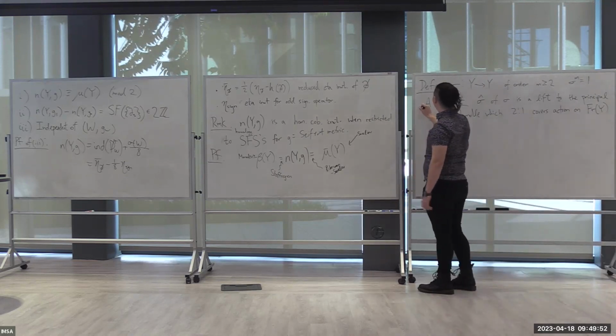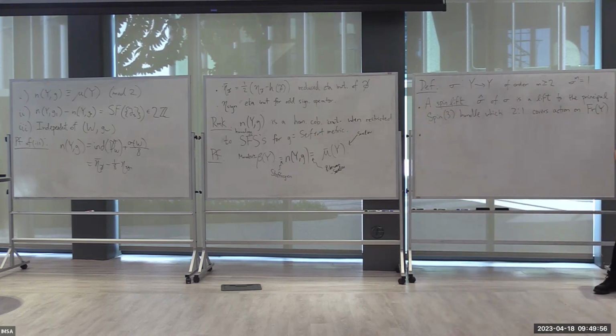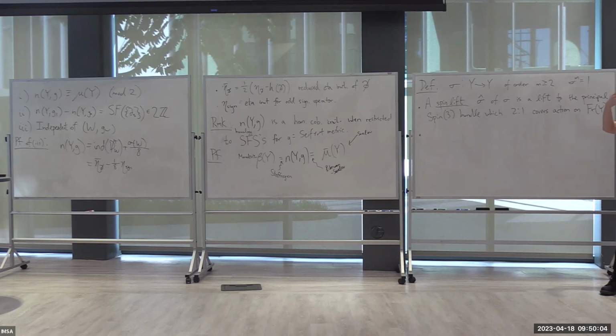The funny thing about this is that when we lift sigma up to an action on the spin bundle, we might not have order n anymore. Upstairs, the nth power might be equal to -1.